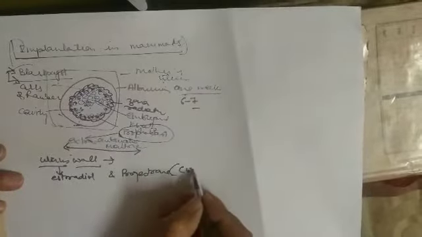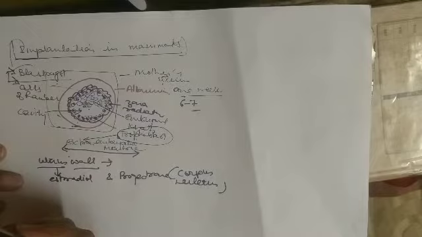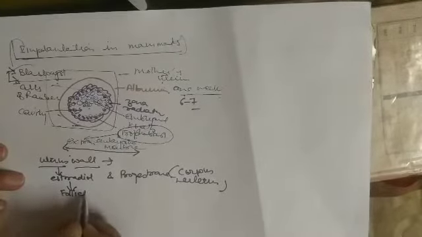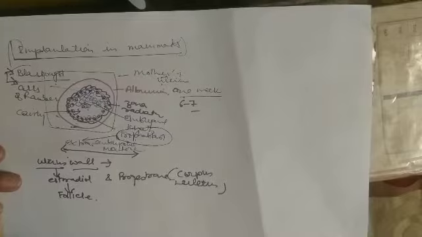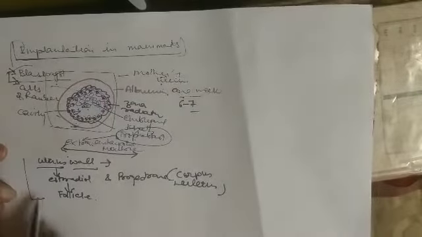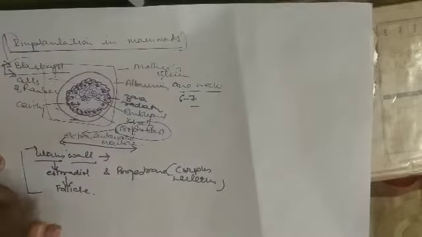Progesterone is produced by the corpus luteum, and estradiol is secreted by the follicular cells. So that prepares the uterine wall for the implantation.